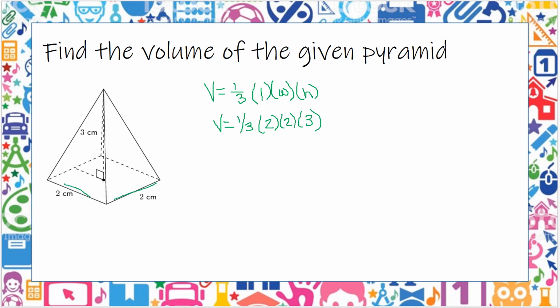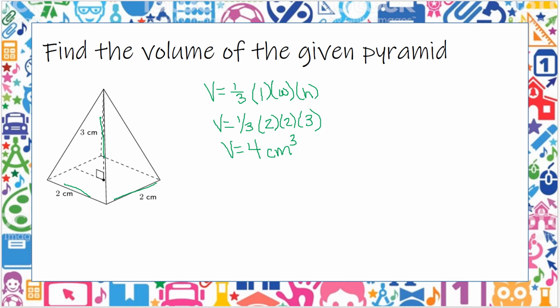So we're going to rewrite it 1/3 times the length times the width times the height. So length and width, it doesn't matter what order, and then the height is 3. So 2 times 2 is 4, times 3 is 12, times 1/3 is 4.